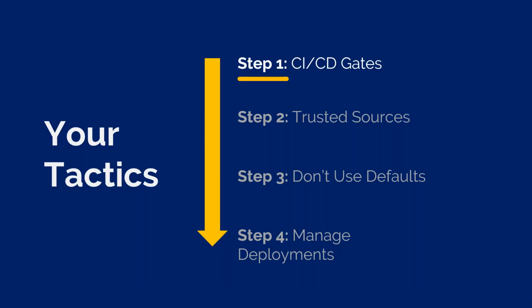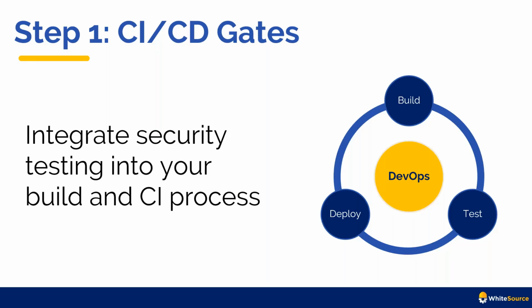Now for the steps. There are certain steps that you need to take in order to actually make sure that you are secure. The first one is CI and CD gates. CI/CD, continuous integration and continuous deployment, are processes that are part of probably each DevOps person's day-to-day life.